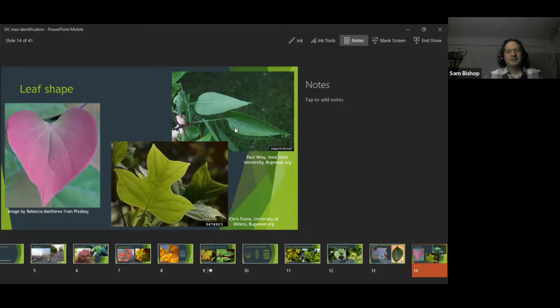We've got that very odd sort of four lobes shape in the middle. That's a tulip tree. And then on the right, we've got this, not really a football shape. It's more like a sort of elongated heart, kind of. And that is a hackberry.